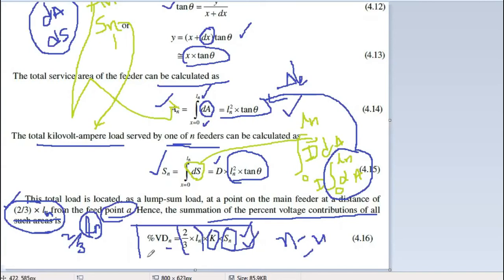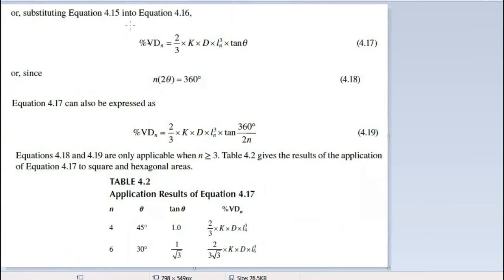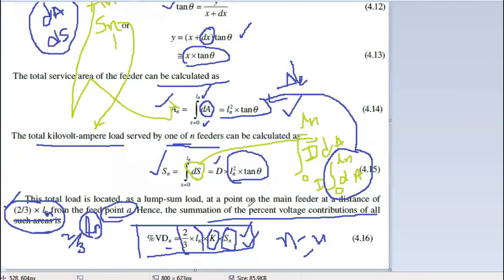And this is the main equation, which we have derived: percentage VDn equal to 2/3 K d Ln cube into tan theta. Here we have Sn equal to d into Ln square into tan theta.